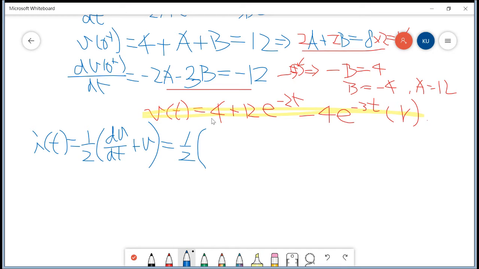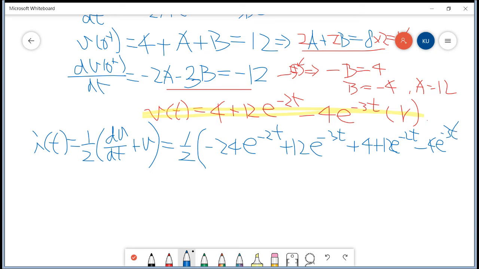dv dt. So first derivative is 0, this one minus 24 exponential to minus 2t, and this one plus 12 exponential to minus 3t, and then plus v. We have plus 4 plus 12 exponential to minus 2t minus 4 exponential to minus 3t. So finally, this is 4 over 2 is 2.